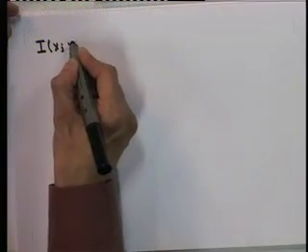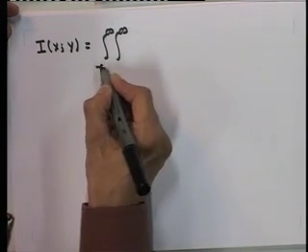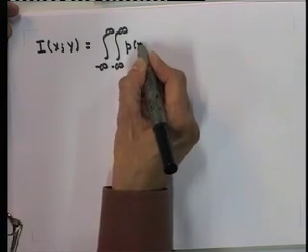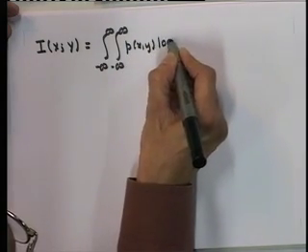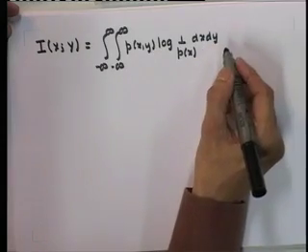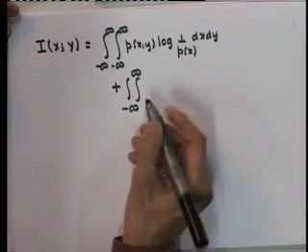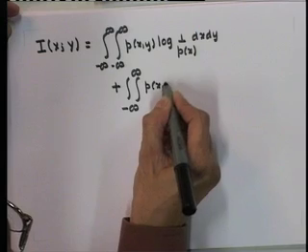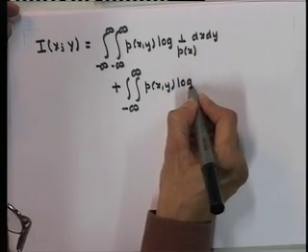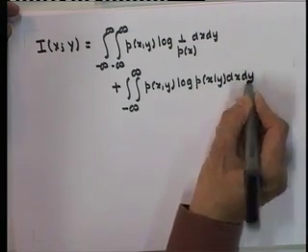Now, we can simplify the expression as follows: I of X Y is equal to double integral of p of x y log of 1 by p x dx dy plus double integration of p x y log of p of x given y dx dy.